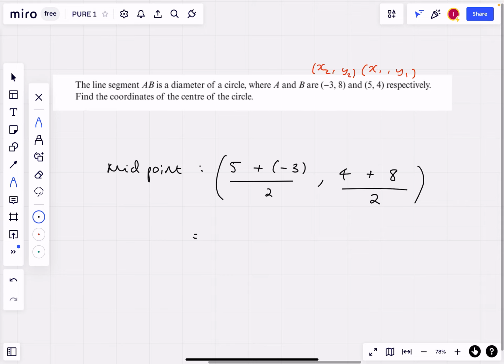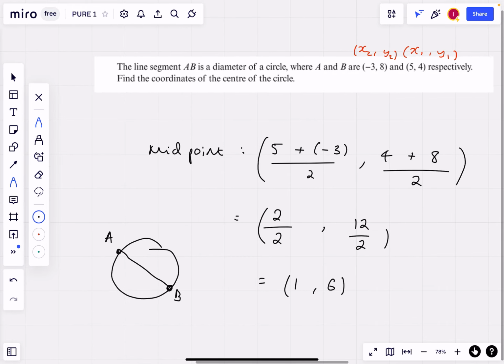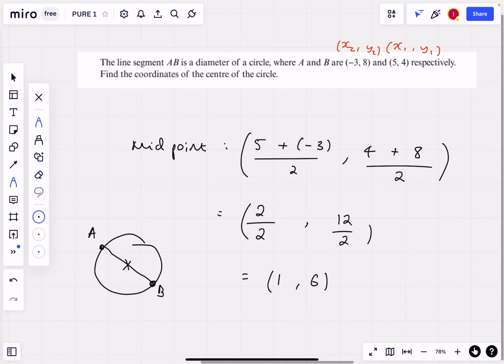Cool. 5 minus 3 is 2 divided by 2. And then 4 plus 8 is 12 over 2. So you end up with 1, 6. That is the midpoint of the line connecting A and B, which you can think of being something like that, where this is A and that's B. So by working out the midpoint, you've just worked out the center of the circle.